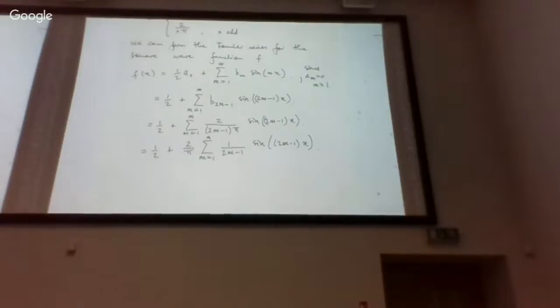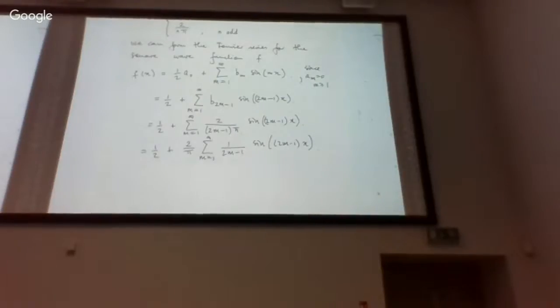We will do another example shortly, the example for the function f of x equals x, the linear function. But there's a very sweet, interesting result we can get out of this. This is in example 3.5, and it's because we've got a pi knocking around here, and an infinite sum of these fractions.